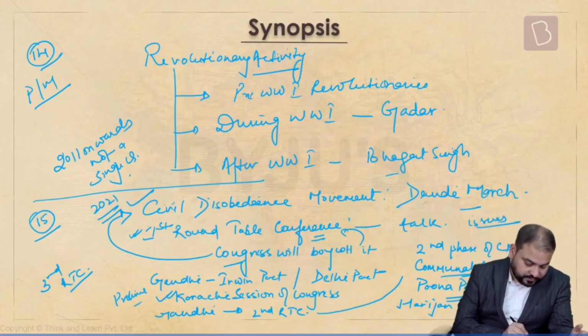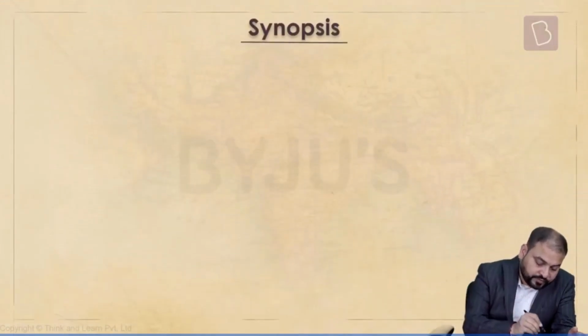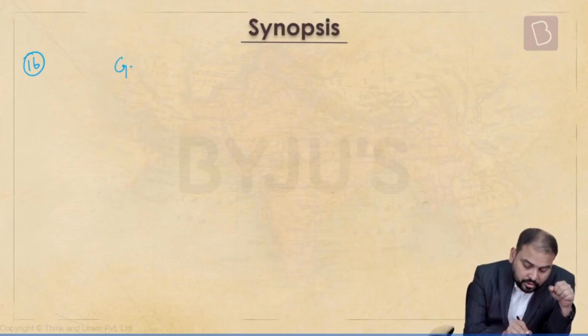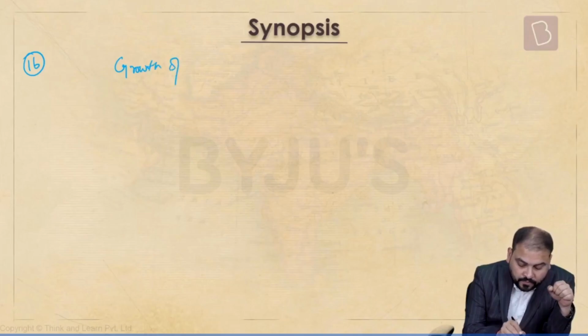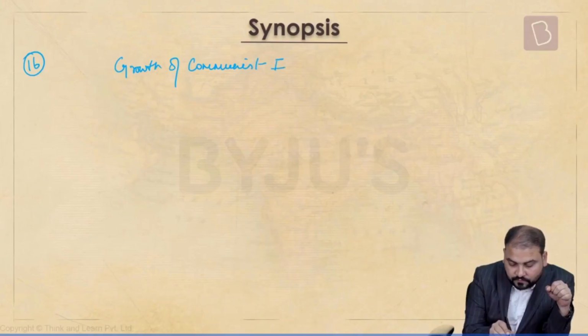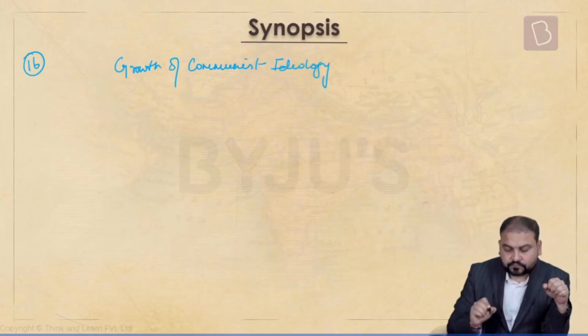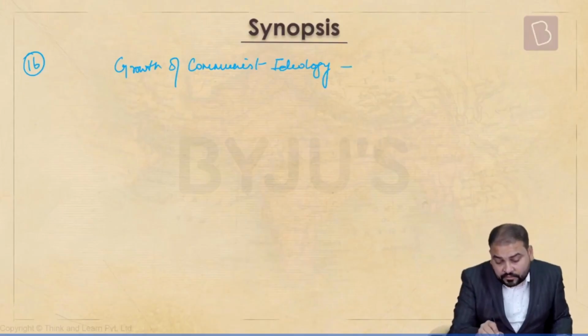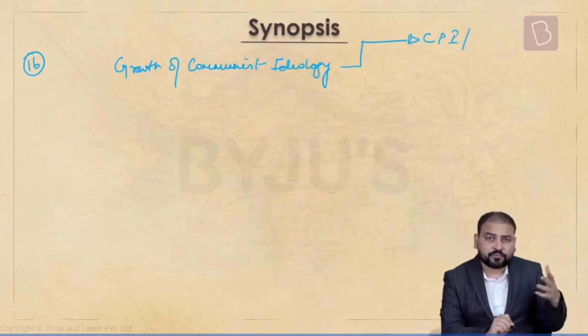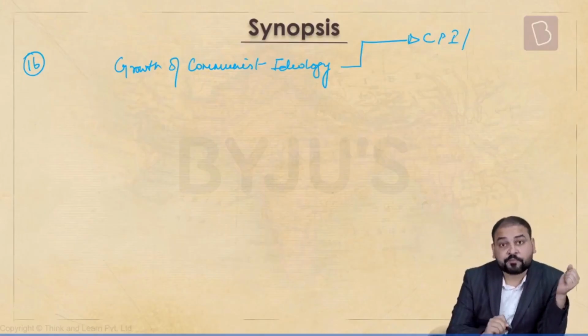Now, moving ahead of this, we will see in our 16th chapter the growth of communist ideology. We'll see here parties like CPI, etc., the communist parties, Communist Party of India.